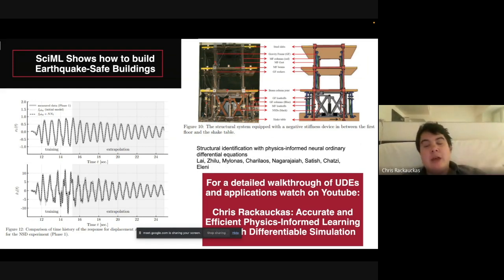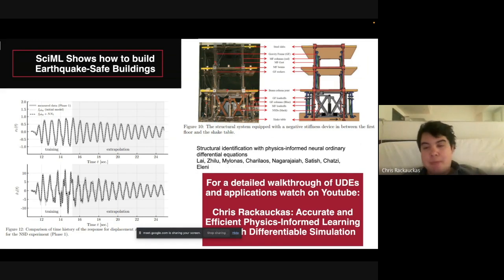But the interesting thing is not necessarily that they could extrapolate better, but that the neural network was telling them where the models were not correct, which would help them go back and correct their models, to know what pieces of the model are actually useful to understand if you're trying to make a building that is better and more earthquake safe, right? So this is just another example.